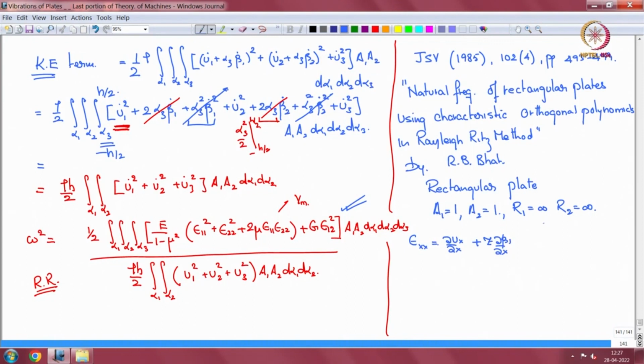What that means is I am taking alpha 1 as x, alpha 2 as y and alpha 3 as z, and if you take pure bending then ux is 0. Pure bending: the mid plane does not stretch, ux is 0 on the mid plane. So my epsilon xx becomes minus z del 2 w by del x square.